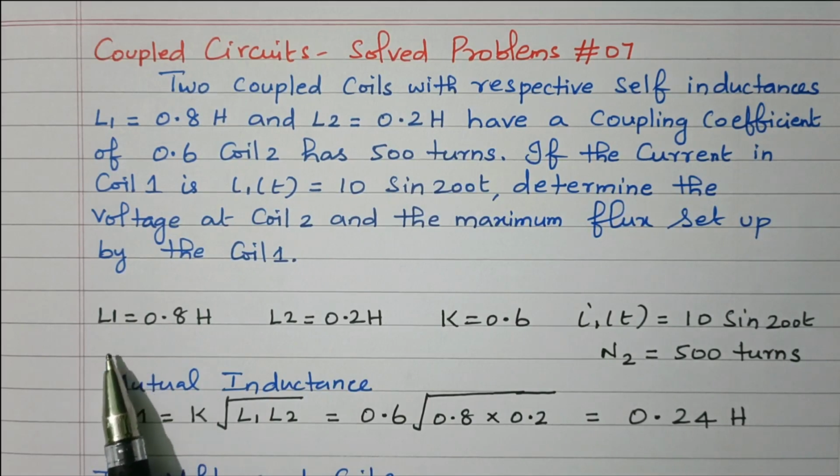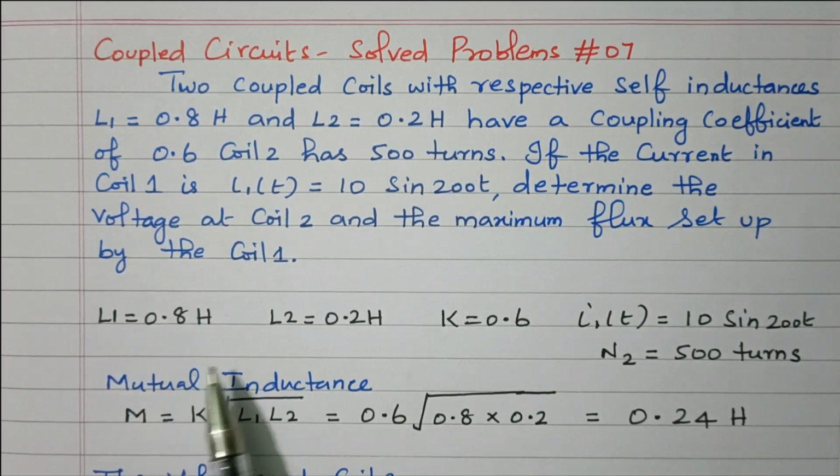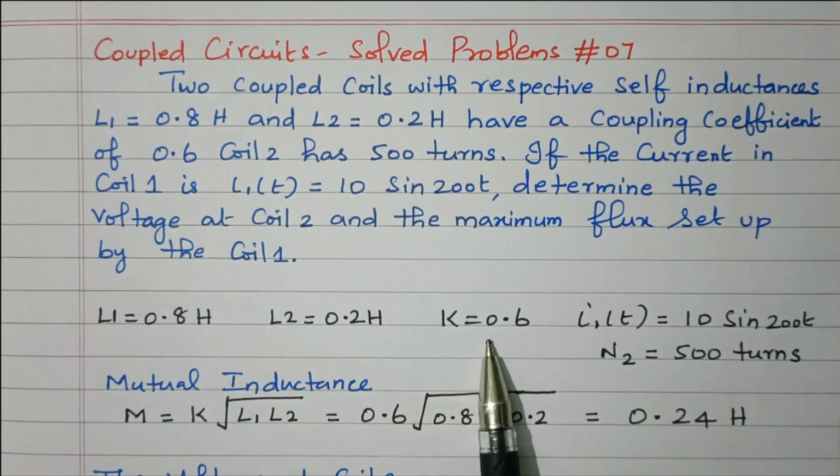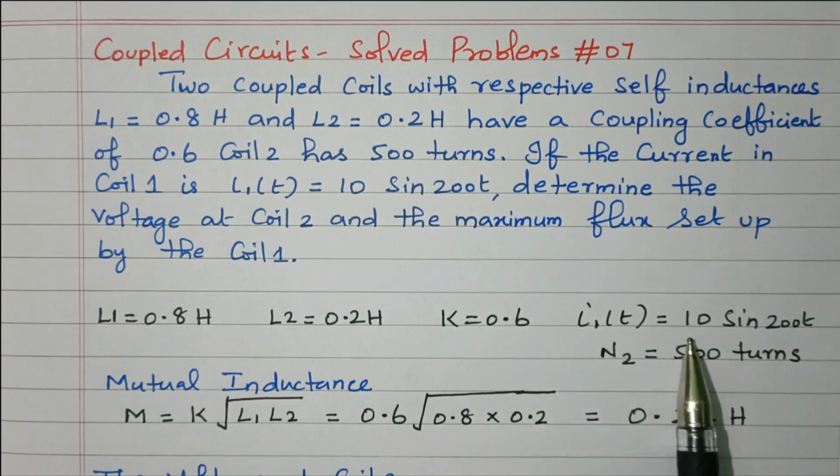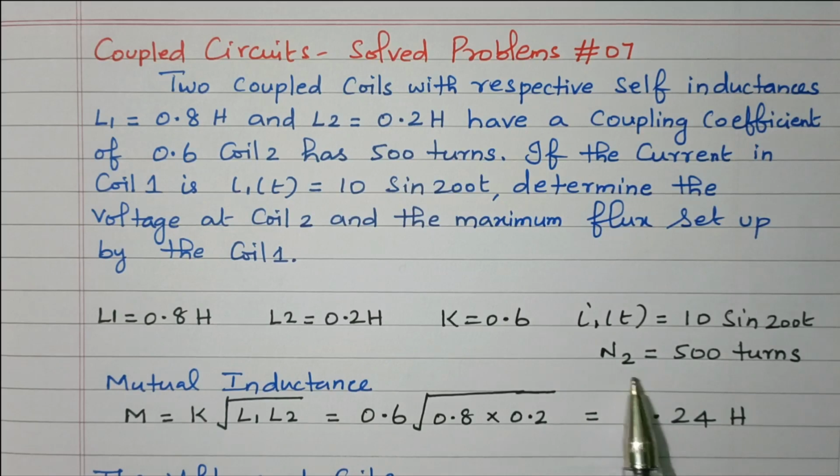So the data given are: L1 is 0.8 Henry, L2 is 0.2 Henry, coupling coefficient K equal to 0.6, current in coil 1 is i1 equal to 10 sin 200t, and the number of turns in the second coil is 500.